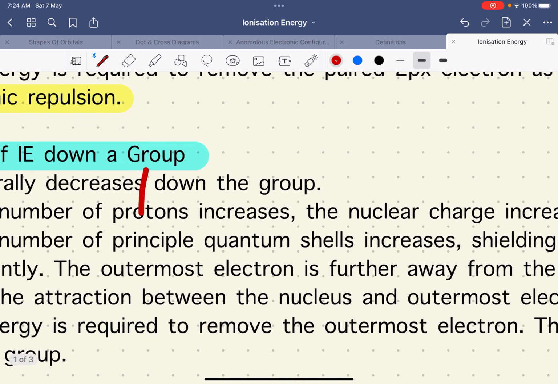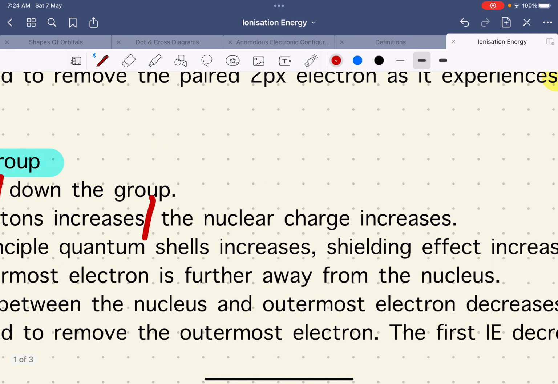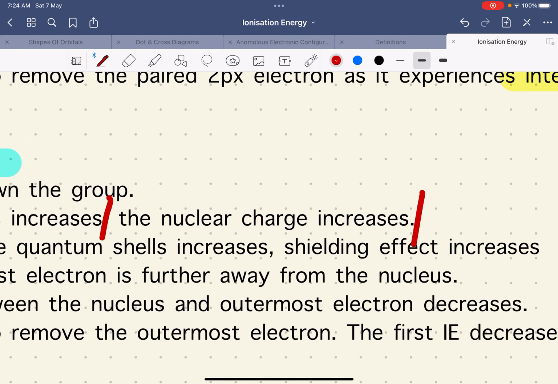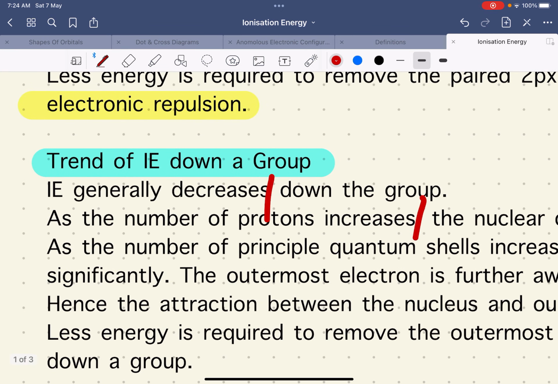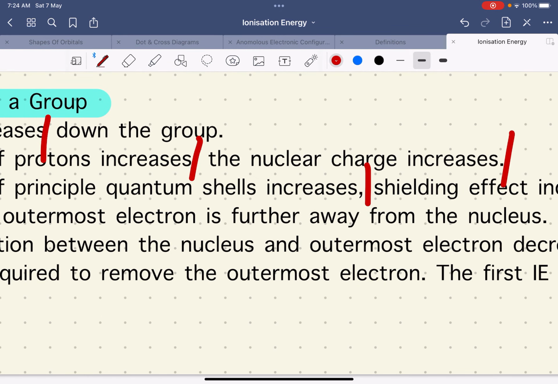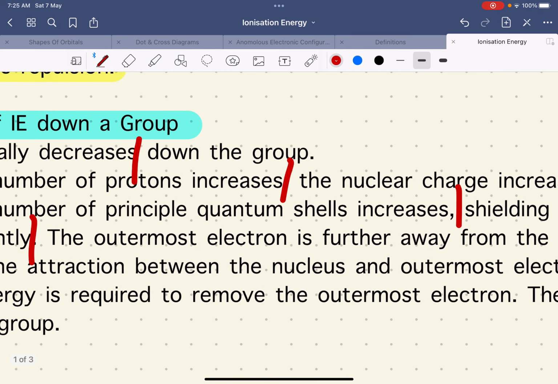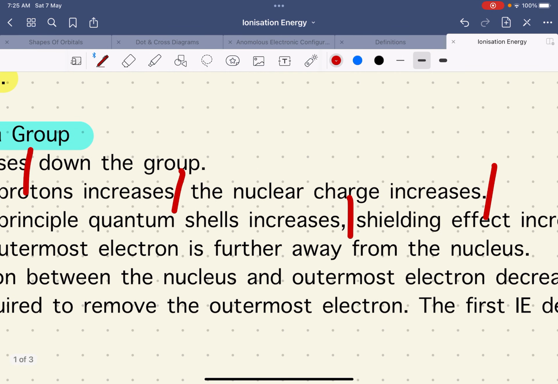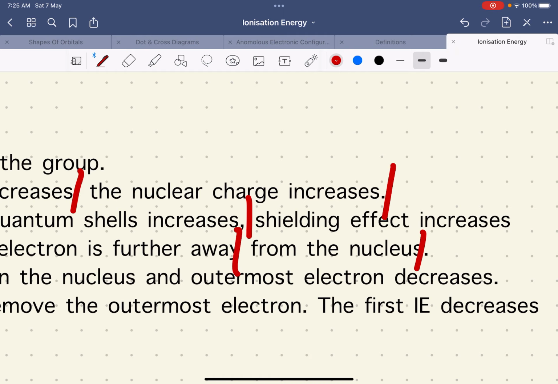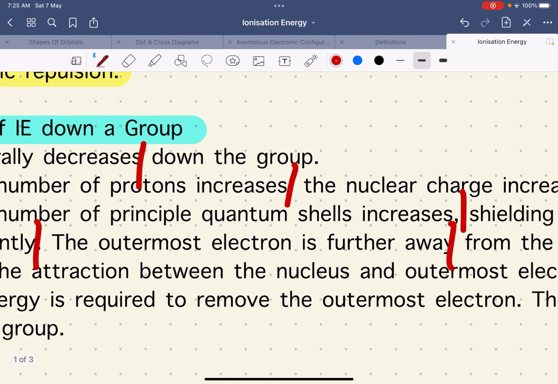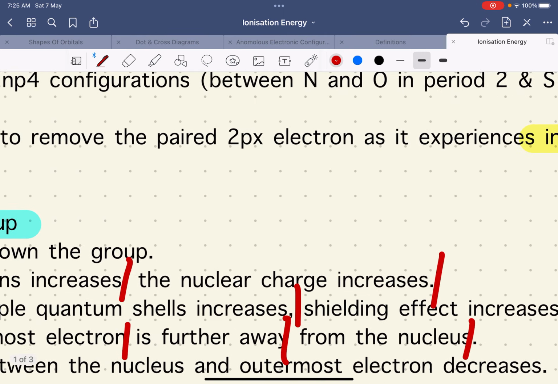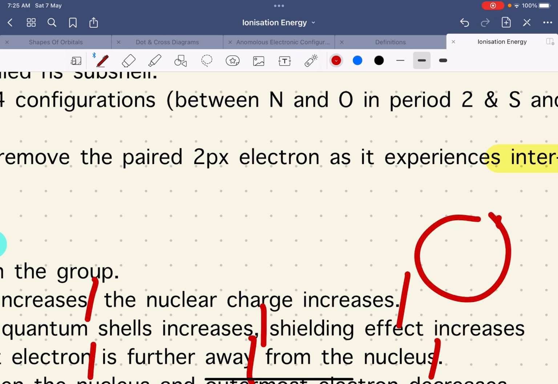Why is this the case? The number of protons increases, hence the nuclear charge increases. As the number of principal quantum shells increases, the shielding effect increases significantly. Significantly is very important, okay? So the outermost electron is further away from the nucleus. Since there is less attraction, the outermost electron is located further away.